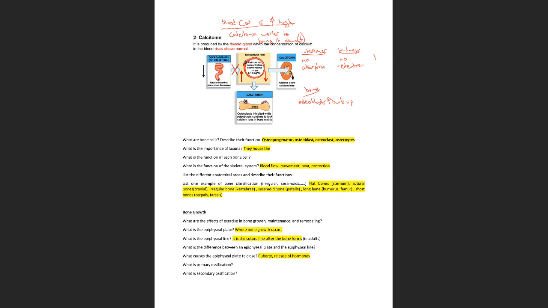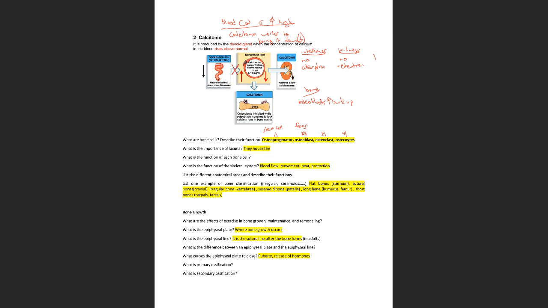Next, we're going to talk about bone cells. There are 4 types. Okay. You guys should be familiar with these. Osteoprogenitor cell. What is that? What's the function of it? It's like a stem cell. So it can either become the osteoblast, the osteocyte, or the osteoclast, depending on what the bone needs at the time. Next, we have our osteoblasts. Does that build up the bone or break down the bone? Forms the bone. Yes, so it forms it.